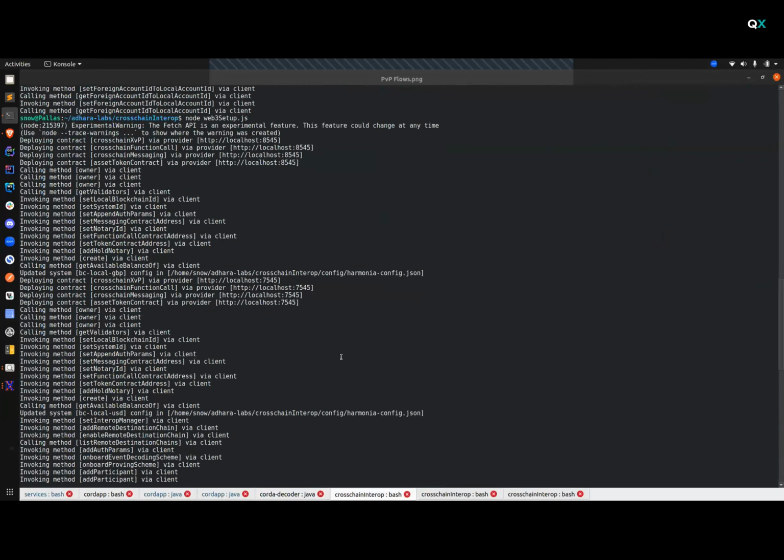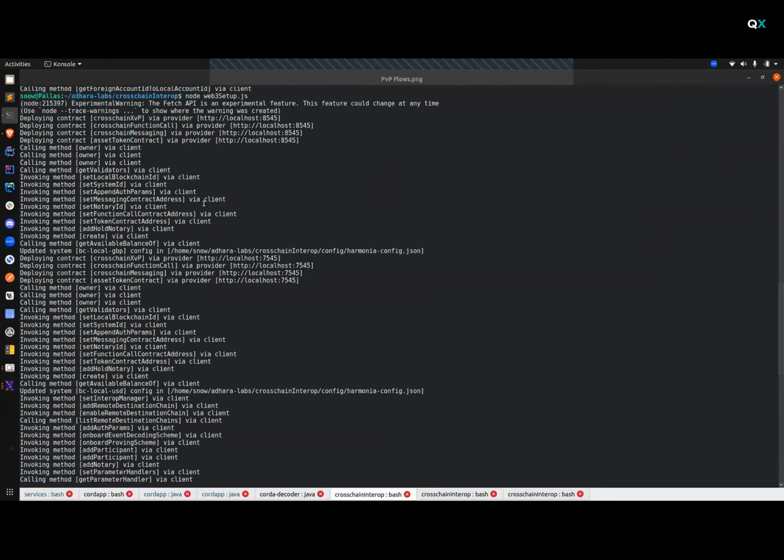And then the setup. What will we need to deploy on these Ethereum ledgers? Our application layer contract is an XVP contract, which will be able to handle PVP and DVP. The cross-chain function call layer contract will be responsible for allowing us to make remote function calls. The messaging layer will be responsible for verifying the cryptographic proof that comes with this remote call.